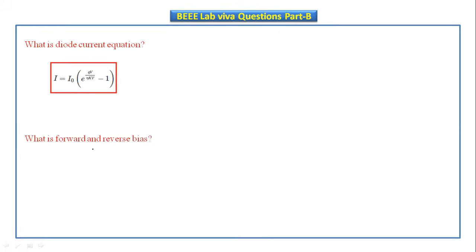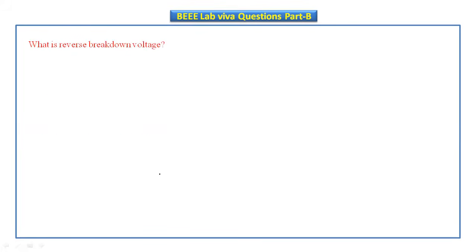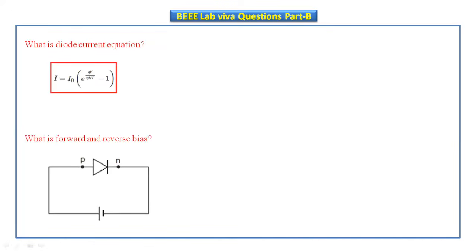Next, forward and reverse bias. In forward bias, the positive terminal of the supply is given to the P type and the negative terminal of the supply is given to the N type. Then the diode is said to be in the forward bias condition.